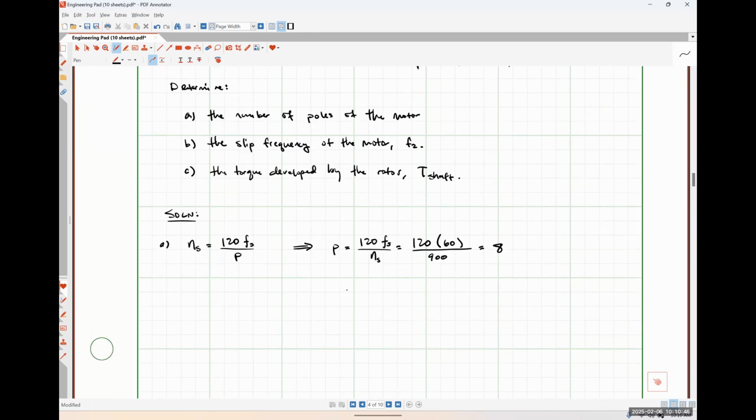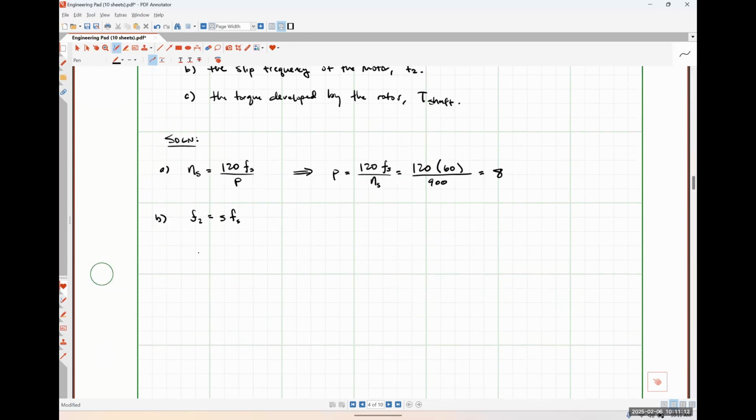Part B. I want us to recall from the end of our last lecture that our electrical frequency or our slip frequency is simply S times our stator frequency. So we have our stator frequency of 60 hertz. Now we just need to figure out what S is, right? S, or slip, is nothing more than the difference between our synchronous speed and our rotor speed divided by our synchronous speed.